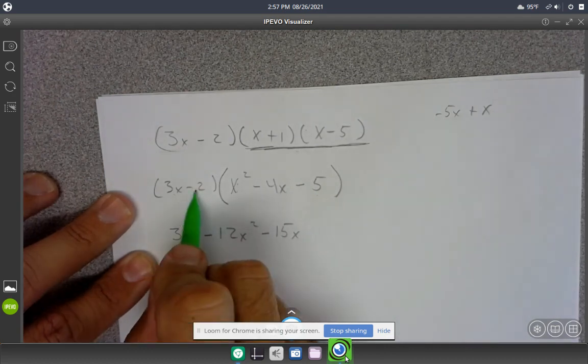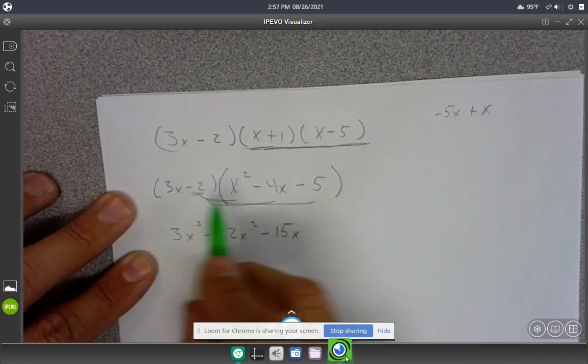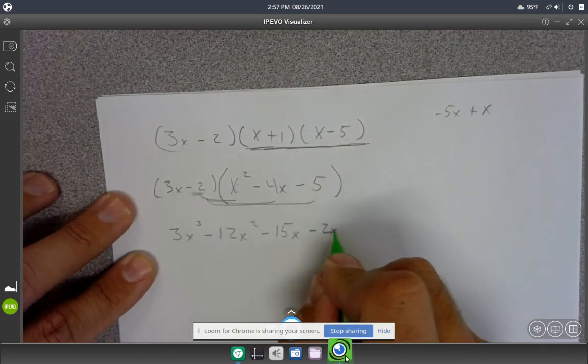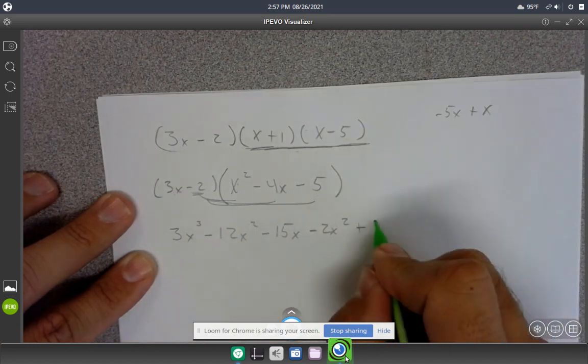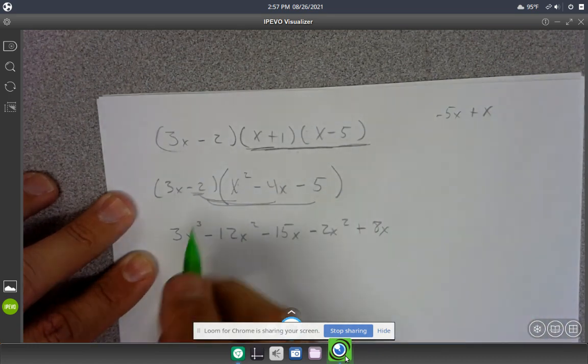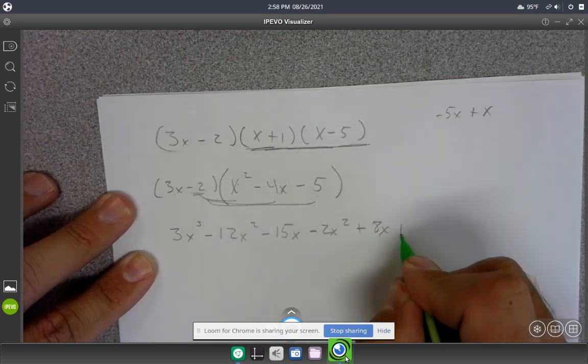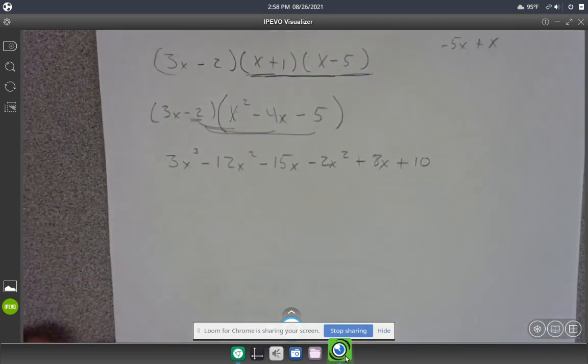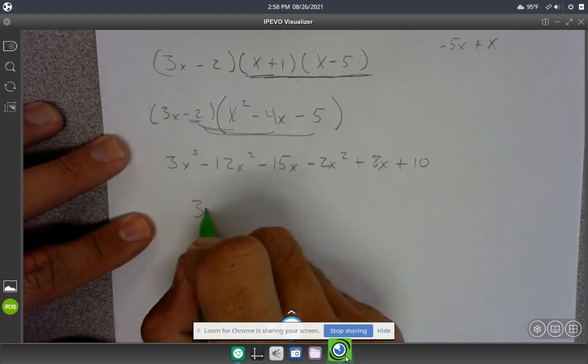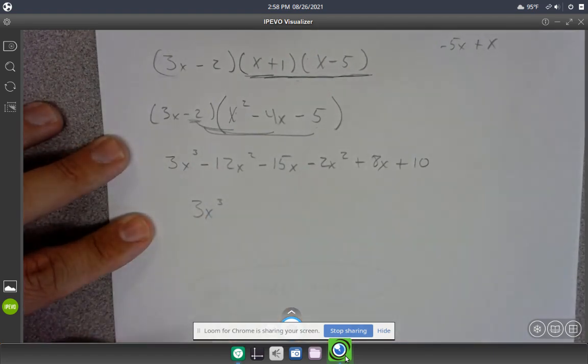All right, and now I've got to do the negative 2 times each of these. It'll be negative 2x squared. Negative 2 times negative 4x will be positive 8x. And then negative 2 times negative 5 will be positive 10. All right, combine your like terms. 3x to the third.